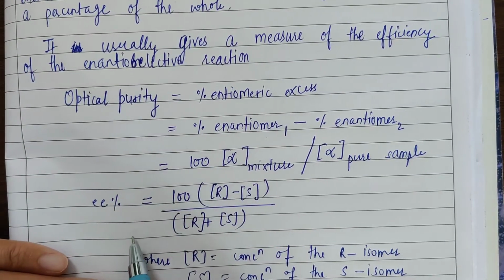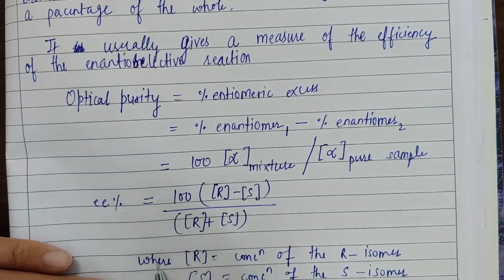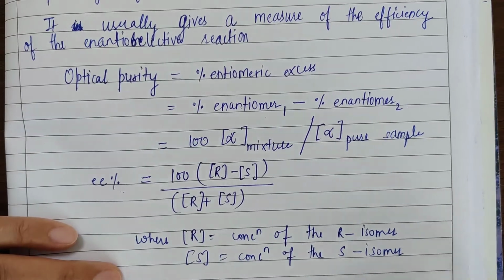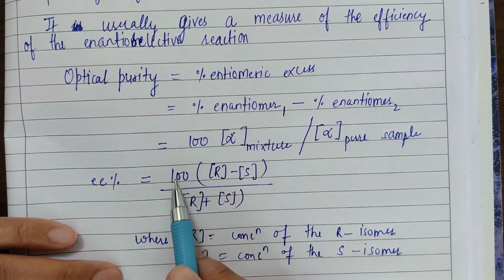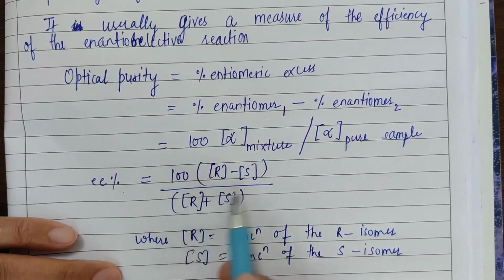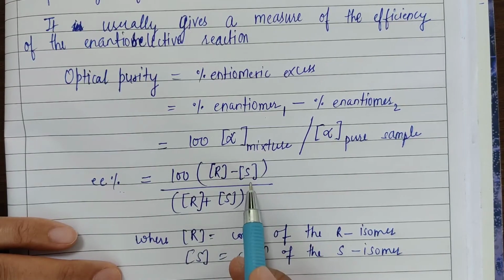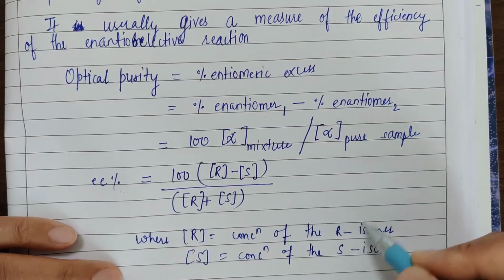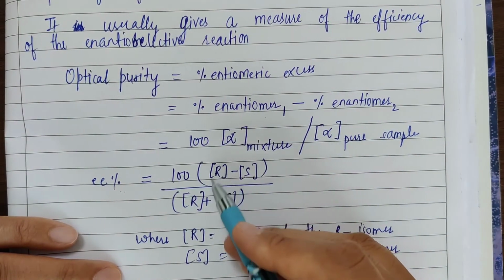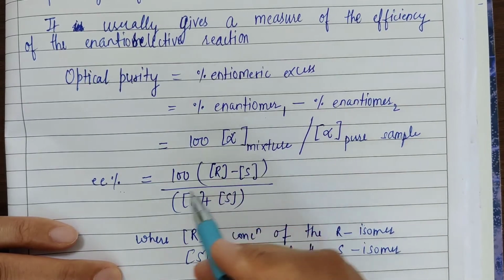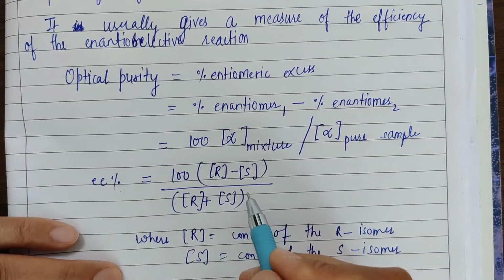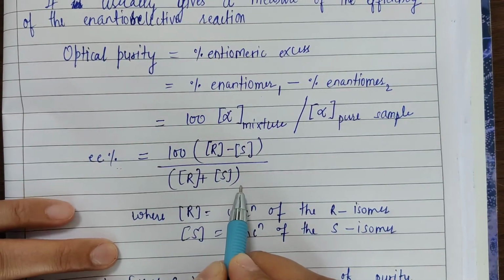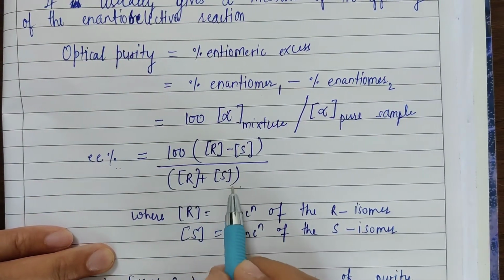And if you have to find the enantiomeric excess in terms of concentration, if you have the concentration of both enantiomers, then you can use a formula like this: 100 times the difference of the concentrations of the isomers. Let's say the R isomer is in excess, then the concentration of R minus S will give you the difference in concentration of both isomers, divided by the total concentration of both isomers combined.